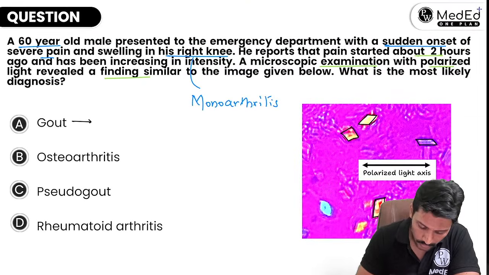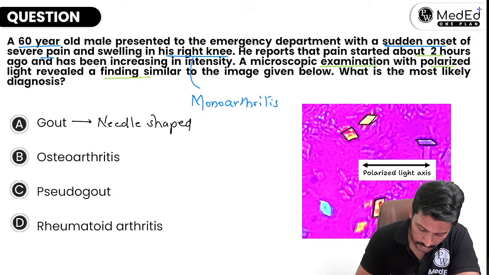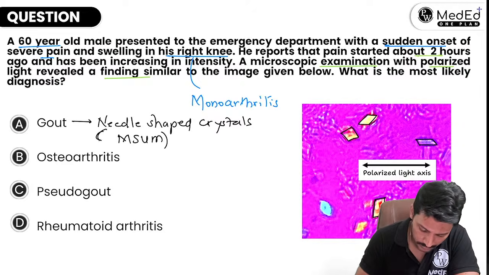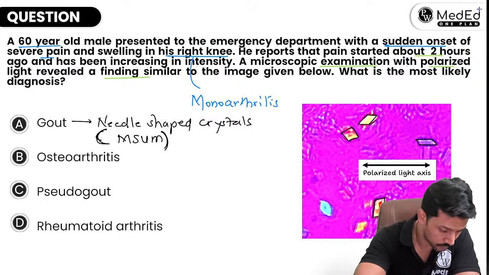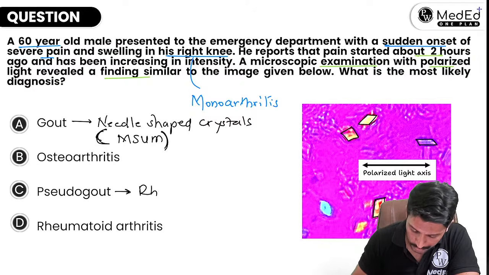So in gout, we are getting needle-shaped crystals, which are formed of monosodium urate monohydrate crystals. While in case of pseudo gout, you get rhomboid shaped crystals.